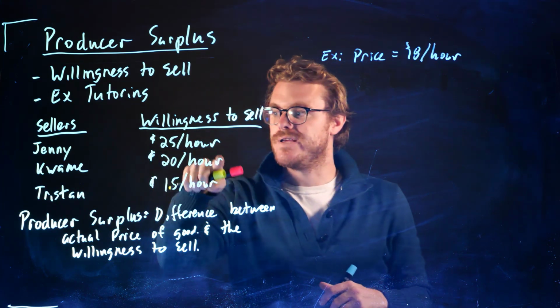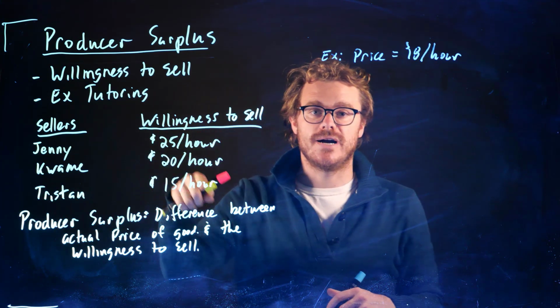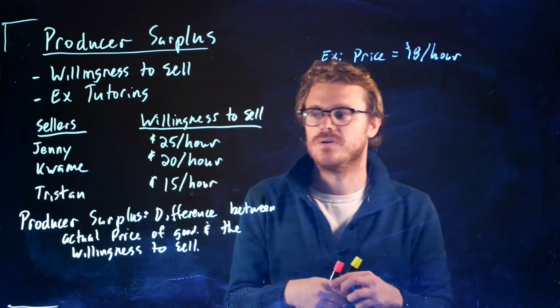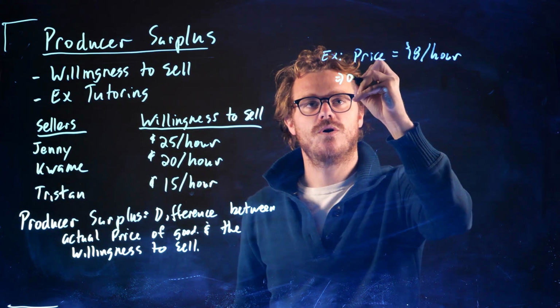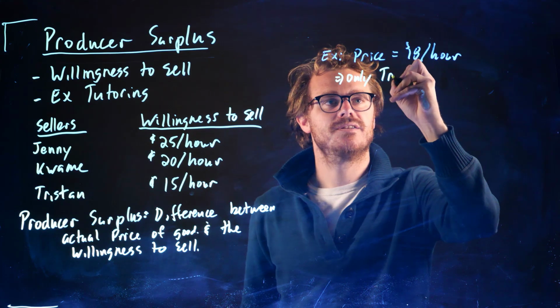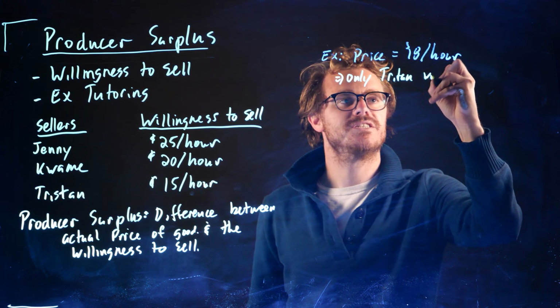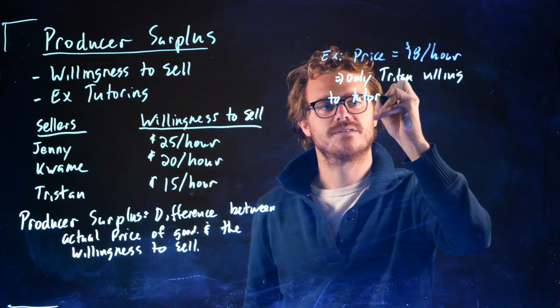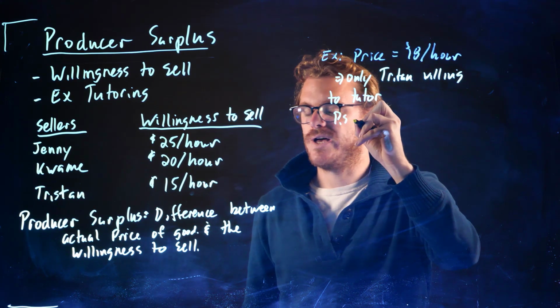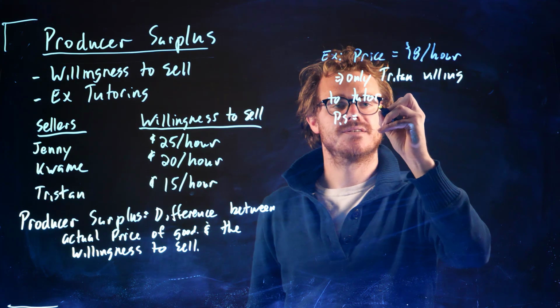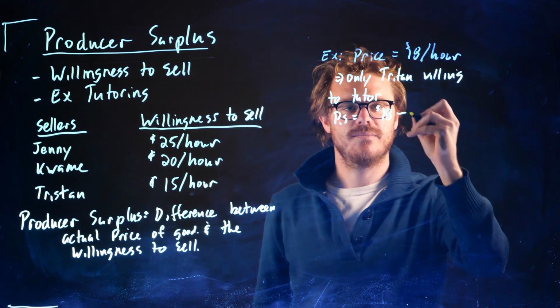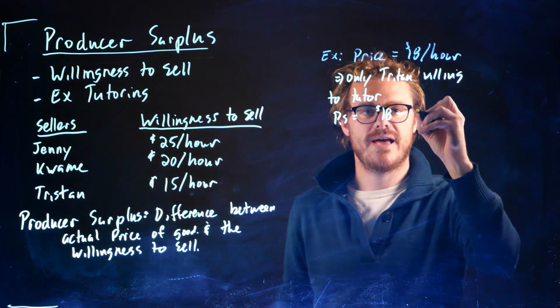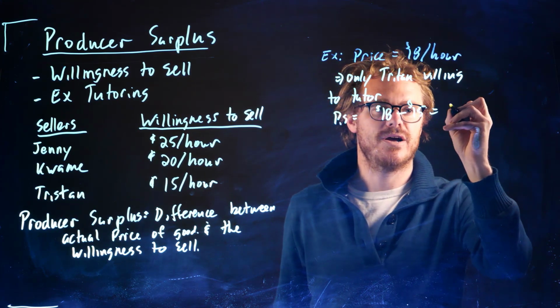But that's not enough money for Kwame or Jenny to tutor. So only Tristan is willing to tutor at that price, and their producer surplus is going to be that price, so 18 minus their willingness to sell, 15, so $3.